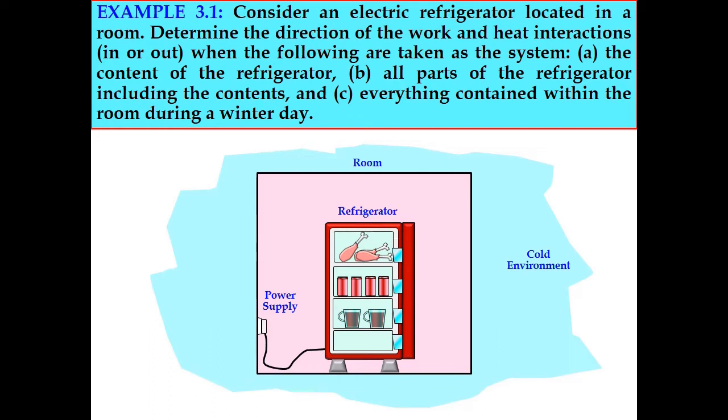Okay, now we look at the first case, where we consider only the content of the refrigerator. So let's say I just take the cold soda can inside the refrigerator. So we choose the boundary for the soda can only.